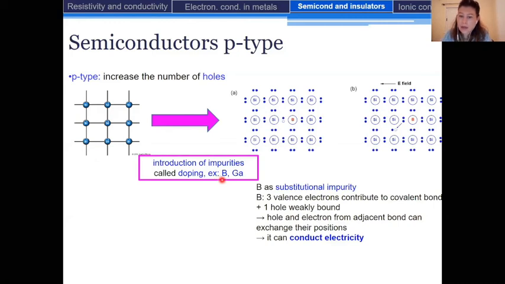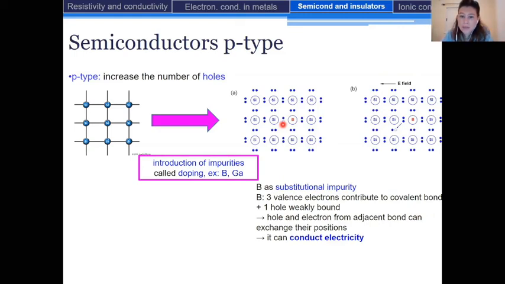So, for example, boron has only 3 valence electrons. All these 3 valence electrons will contribute to covalent bonds with neighboring silicon atoms, and we will have one electron missing, and we can see this missing electron as a hole.